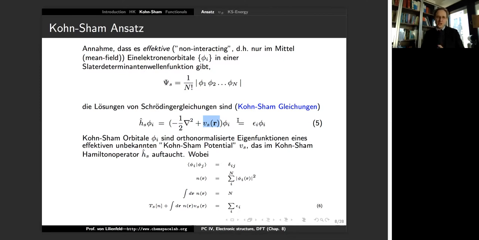So the Kohn-Sham potential, Vs, is not specified, and it's not written here explicitly, it is a functional, again, of the electron density. Which means, again, as in the Hartree method already, you will have to do a self-consistent field loop on this. So again, it's a mean field method. DFT is a mean field method, just as Hartree-Fock.